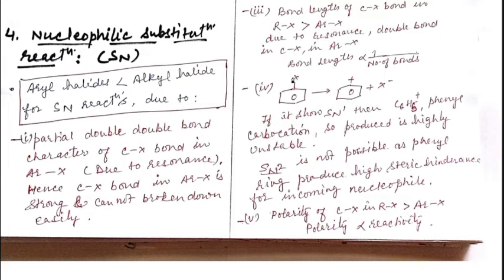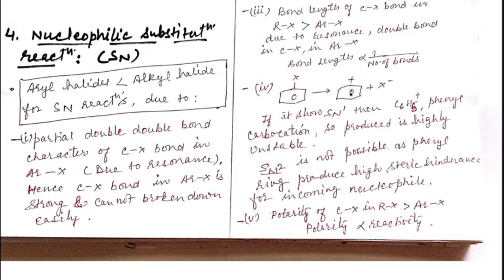if halide ion gets removed from benzene ring for nucleophilic substitution reaction, then we get phenyl carbocation. But benzene ring cannot hold positive charge as benzene ring is a very electron rich center, so this phenyl carbocation is highly unstable.